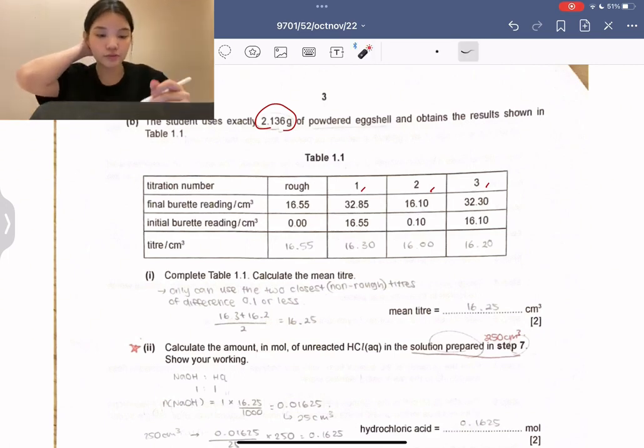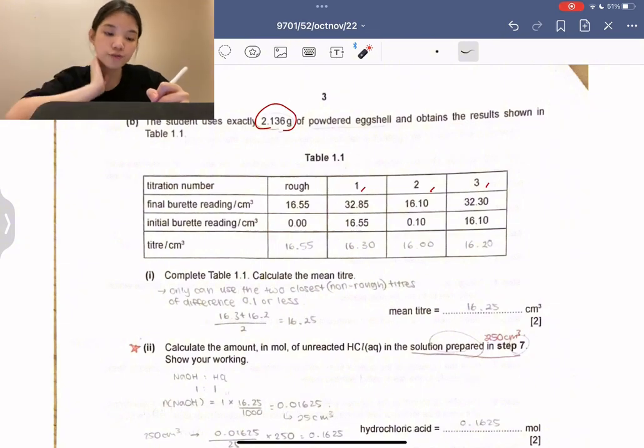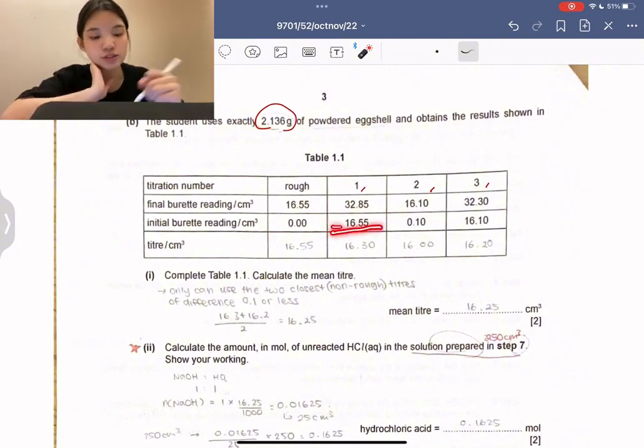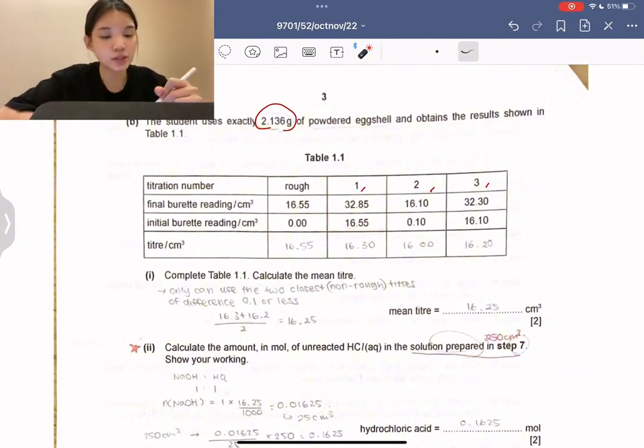Then next, 32.85 minus 16.55 is 16.30, 16.10 minus 0.10 is 16, 32.30 minus 16.10 is 16.20, and you should maintain 2 dp for all the burette readings that you get.